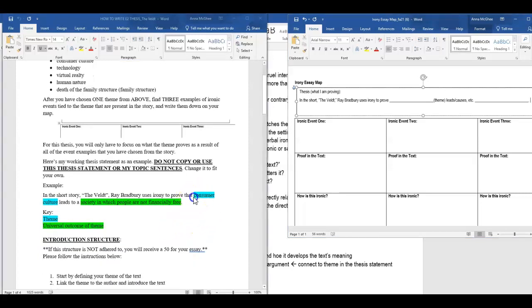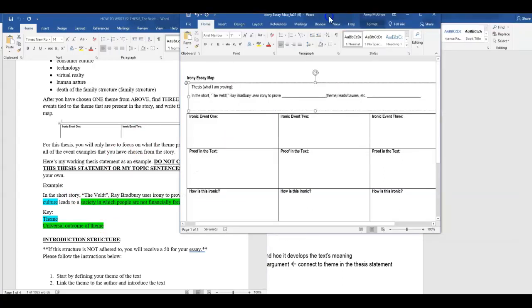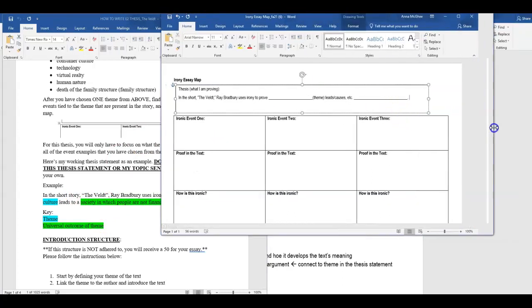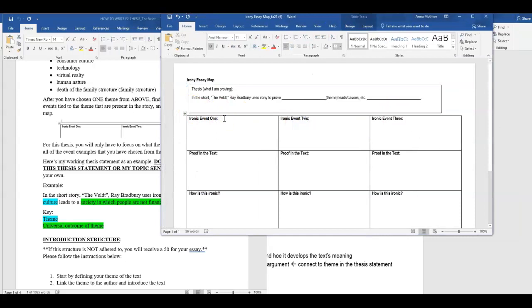So I've picked my theme, consumer culture, and then I've given my universal outcome, which means that everybody, not just the characters in the text, but universally, when we have consumer culture, it leads to a society in which we are not financially free ultimately.